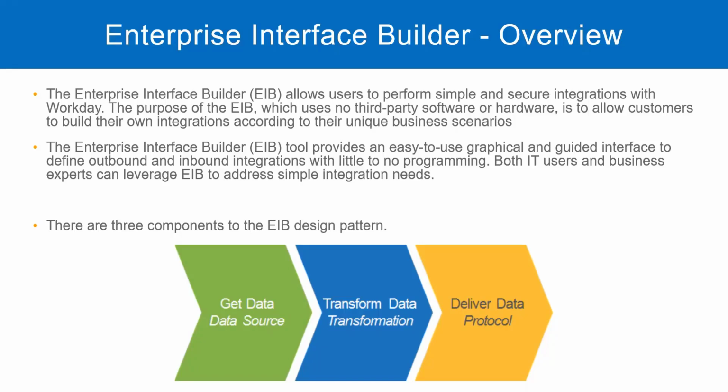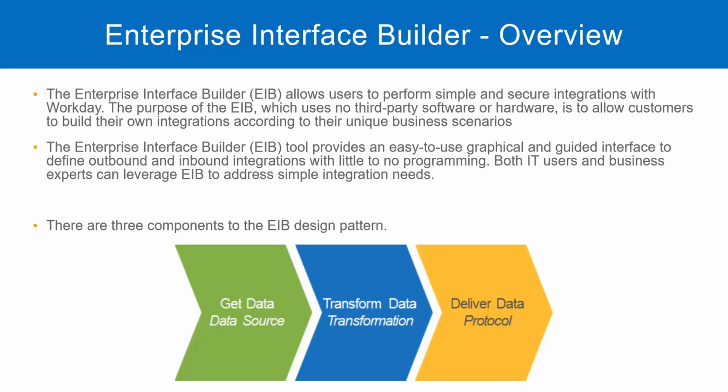Okay, when we create an integration using EIB, we will see these 3 steps there as well. Get data, transform data, deliver data. These are the 3 components in an EIB design pattern. So what we are going to do is configure these 3 steps. Get data. Where are we going to get the data from?